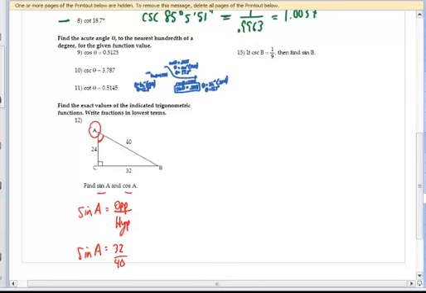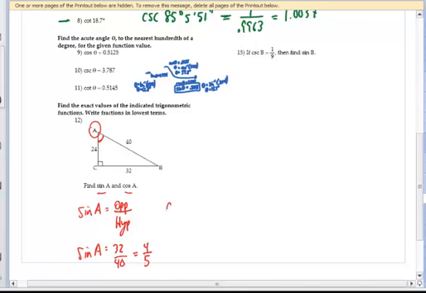Now you should reduce that fraction and you would get 4 over 8, or not, 4 over 8, I'm sorry. If I take 8 out of both, I'm going to get 4 over 5.